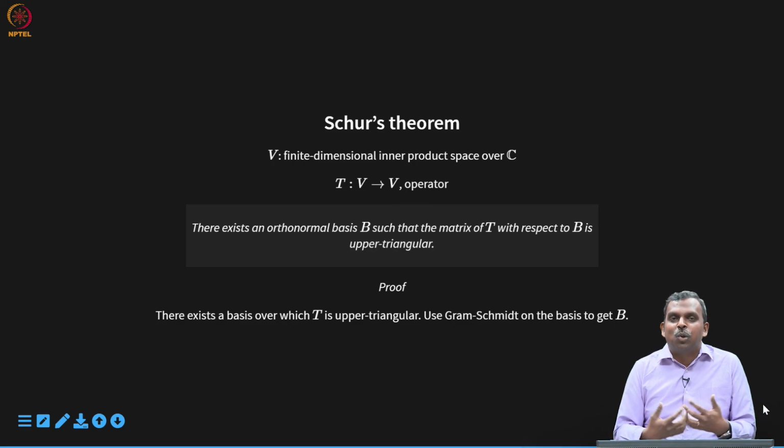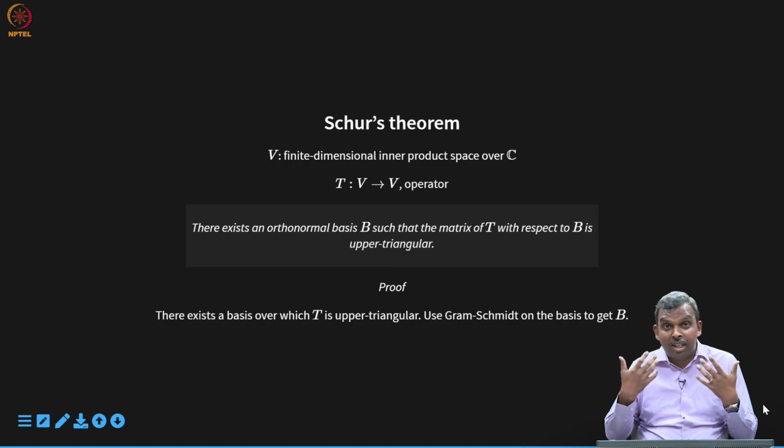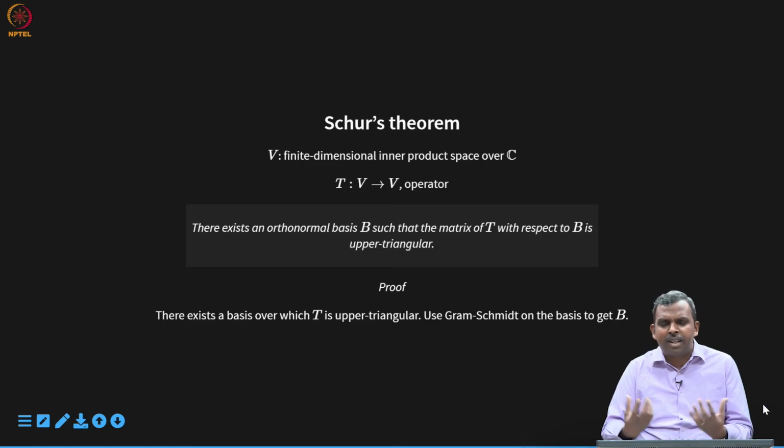Okay, so look at this very nice result that we have now. If you have an inner product space, we know that there are these orthonormal bases. An orthonormal basis simplifies the description of the coordinate system, simplifies operating with vectors, etc. That we will see more and more later on. So we saw before that in a vector space over complex numbers, where eigenvectors and eigenvalues exist, you can have an upper triangular matrix representation.